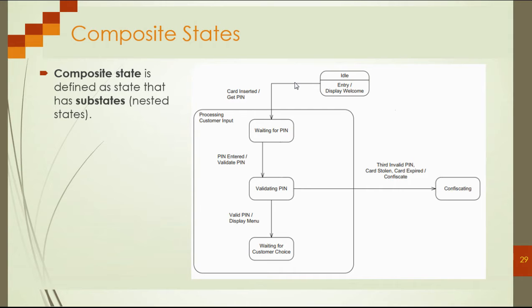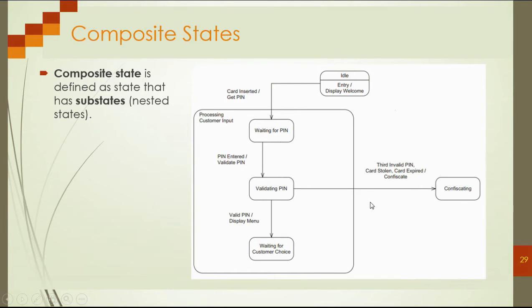So the user will insert the bin, and then we go to one process, processing the customer input. We can consider these three states as one state, and together they are a composite state.